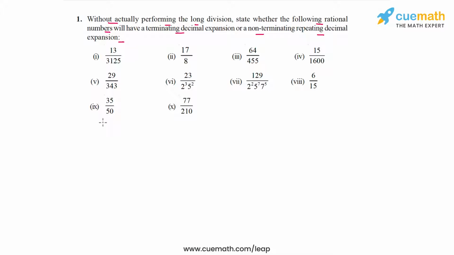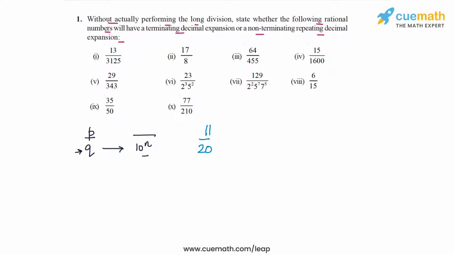So the key idea behind why these theorems work is that when the prime factorized form of q in p by q has only 2's and 5's, then you can convert this into a power of 10, and you can rewrite p by q as an equivalent rational number where the denominator is a power of 10. For example, let's take the rational number 11 by 20.